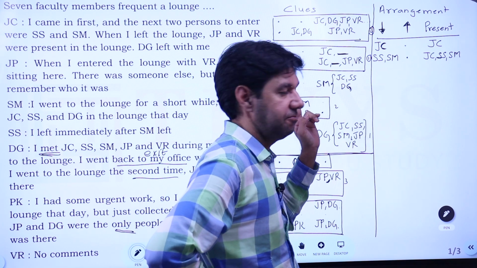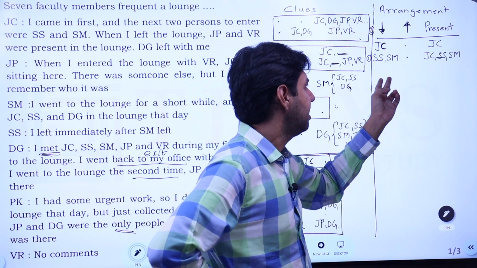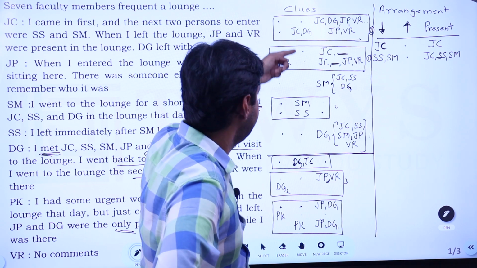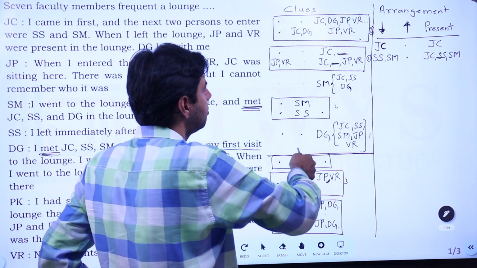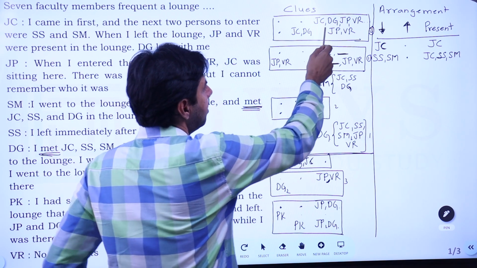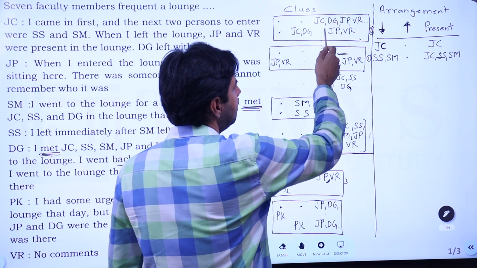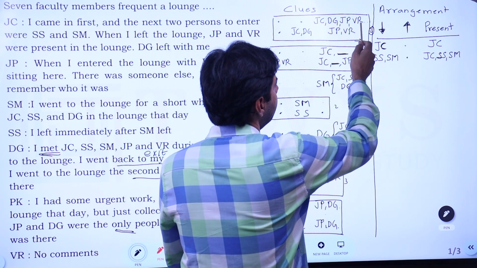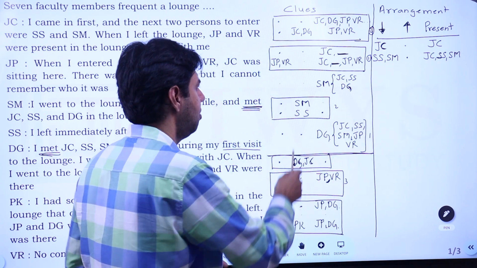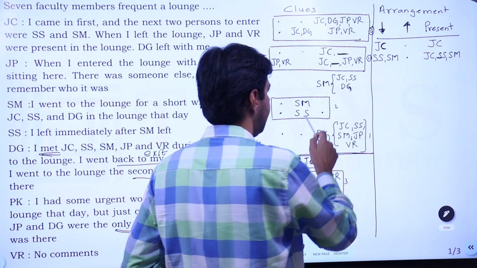JC could leave, SS or SM could leave. So I would look over here and I could see JC leaving. But JC leaves with DG when there are these kind of people, but that is not. So JC leaving, I don't think so. Can SM, SS leave? Yes, they can leave.